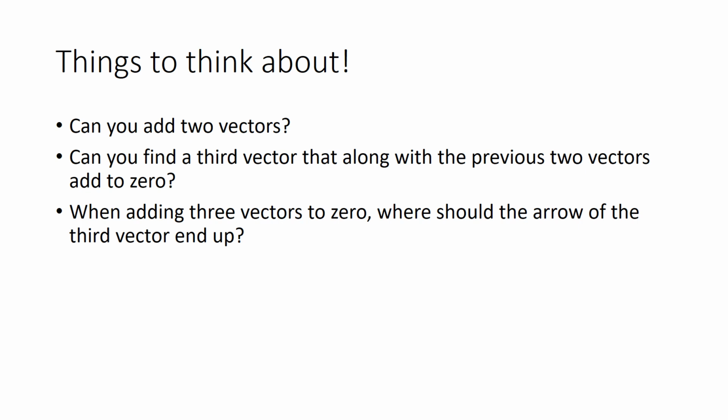I want to make sure that you guys know how to do this, because on the final you will have to add vectors, find the difference of vectors, and add vectors up to 0. So there will be a problem like what you're doing with the force table on the final. Make sure you know how to do this and you understand it.